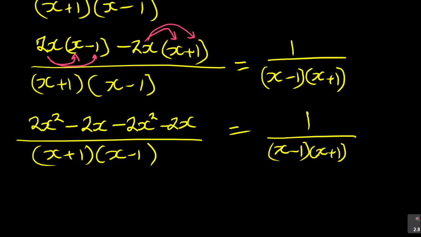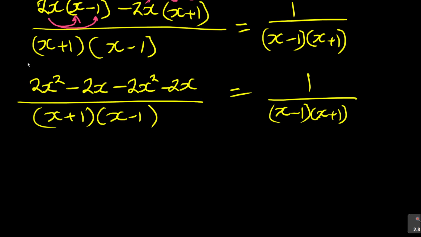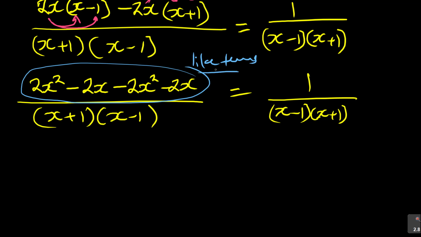Alright guys, so we continue. At the top, we can do something. We collect like terms here. So what do you have? Look at it. 2x squared, 2x squared. But don't forget the sign. So when I do that, it will be 2x squared minus 2x squared. It moves with the sign.